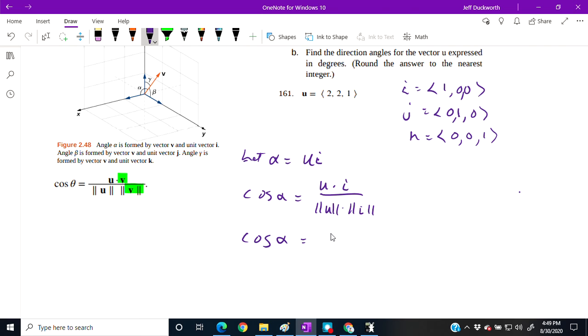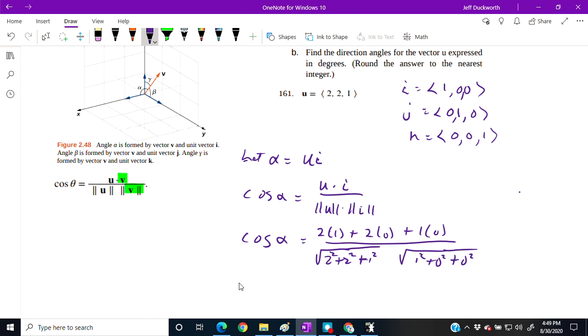The dot product will give us 2 times 1 plus 2 times 0 plus 1 times 0, using u and i. The magnitude of u is the square root of 2 squared plus 2 squared plus 1 squared. And the magnitude of each of these others is just going to be 1, but for i specifically, it's 1 squared plus 0 squared plus 0 squared. The others will amount to 1.